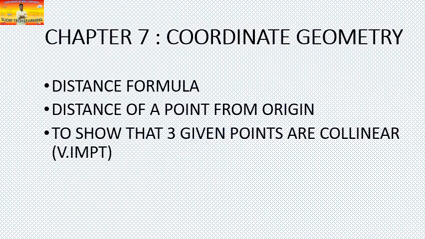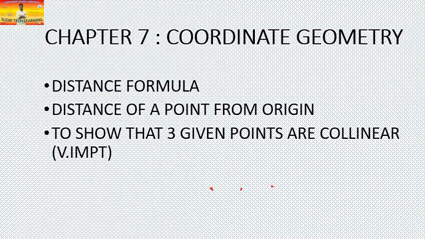To show that three given points are collinear. This is a repetitive question that keeps coming. You should always know how to prove that three given points are collinear. Say this point is here, this point is here, and there is this point.